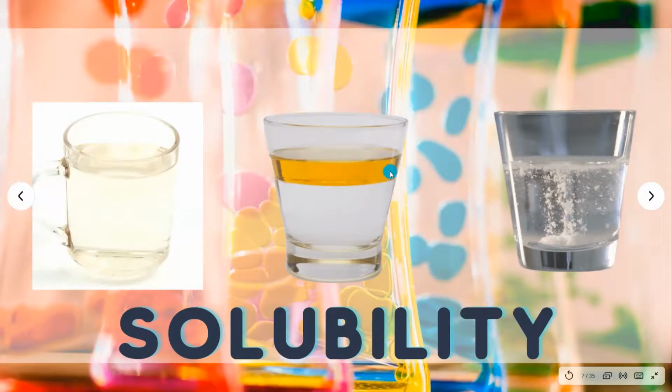So both are liquids, they're insoluble, and they create two different layers. Whereas if you're adding a solid that is insoluble, it will usually just end up sitting at the bottom of your cup. And so you'll just see a solid at the bottom of the solvent.